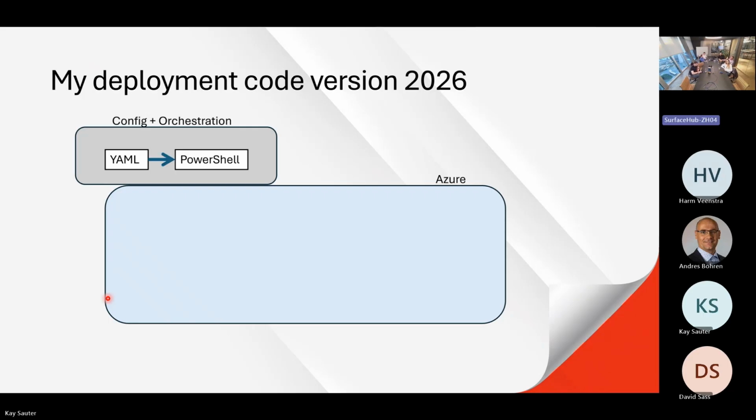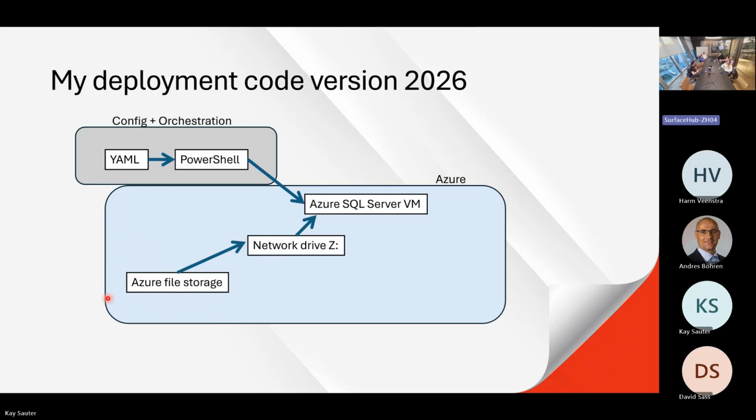It then goes to PowerShell, and from there we deploy the Azure SQL VM. What we also deploy is the file storage, the network drive, and we also deploy dbatools, which is the framework of commands. That's one of the PowerShell modules, yeah.